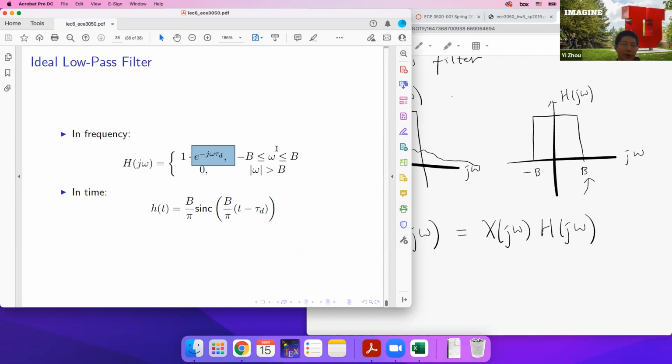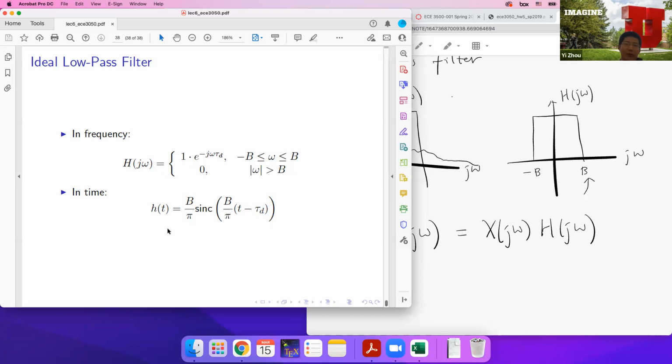So within this band, the magnitude of this response is always constant 1. Then, given this mathematical expression for an ideal low-pass filter, we can figure out its corresponding time domain representation by doing an inverse Fourier transform.